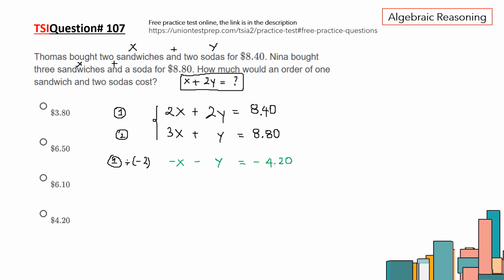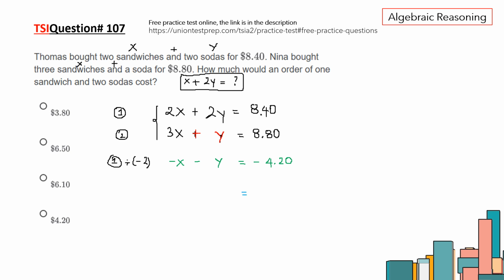And why do I have to divide by -2? Because I saw the second equation has a positive y right here. So if I want to eliminate y, I can just add them up. I add the second equation with the new first equation.